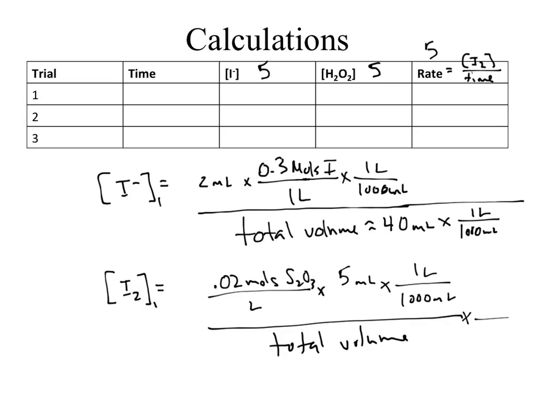We need the mole-to-mole ratio, which we get from our balanced equation. What was our relationship? No, sorry, 2 thiosulfate for 1 iodine. Our balanced equation says 1 mole of iodine is 2 moles of thiosulfate.